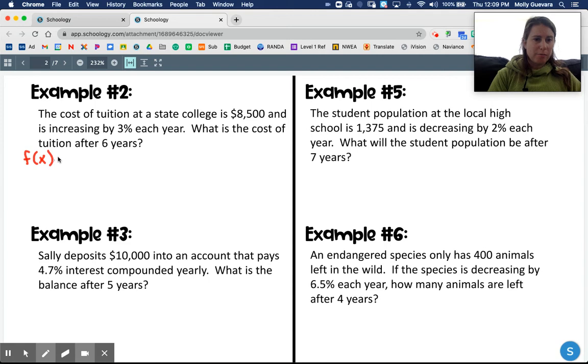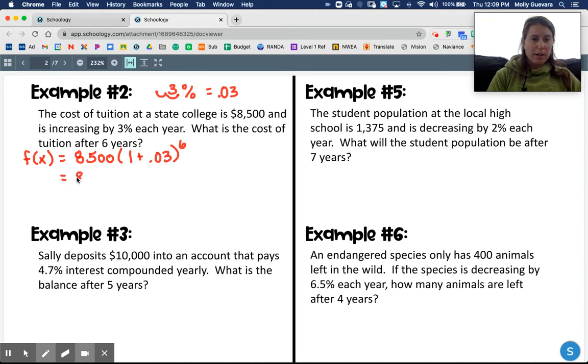F of x equals my initial amount, which is 8,500, times 1 plus my growth rate. My growth rate has to be in decimal, so if I take 3% and move the decimal place to the left 2, I get 0.03. So this is 1 plus 0.03, and then to the 6th, because that's how many years.